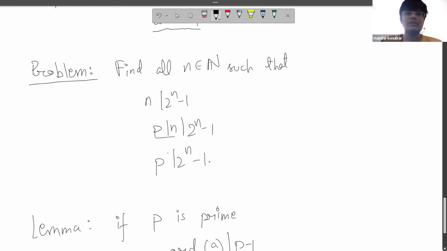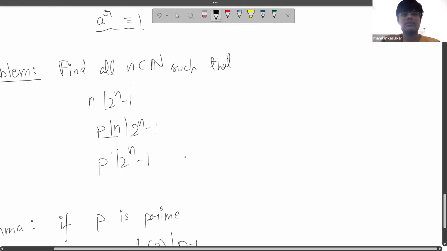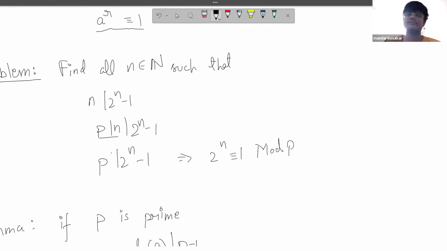Now this then implies that 2 raised to the power n is congruent to 1 modulo P. Therefore, order of 2 modulo P divides n. What next?